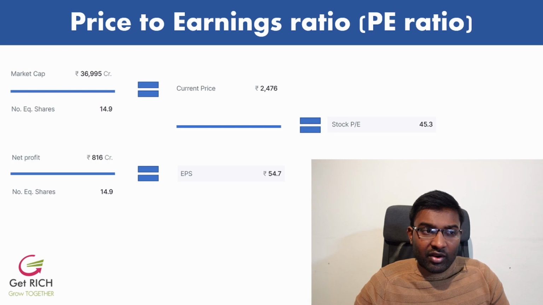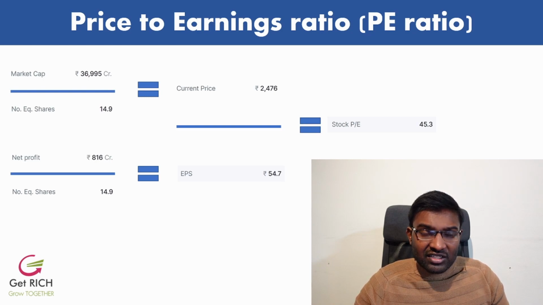And then we have the total number of equity shares in that company. For Polycab India, it's about 14.9 crore shares. If we divide the market capitalization by the number of equity shares, you come up with the current price, which is 2476.